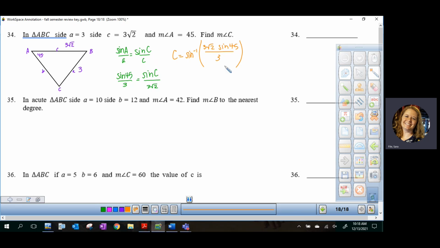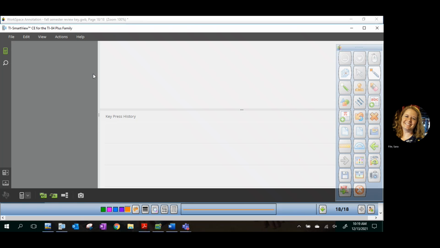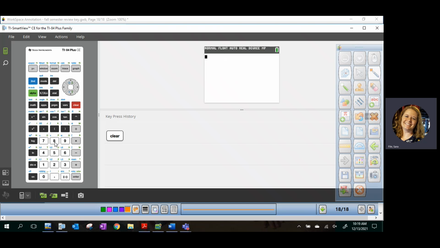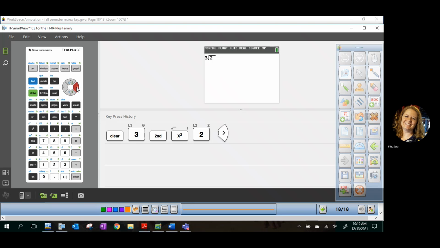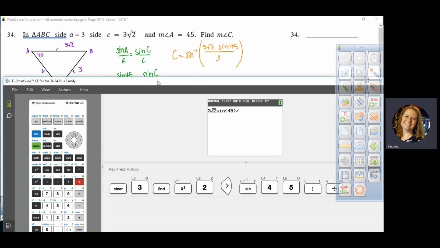This is what I'm going to do in the calculator. And you can do it all at once in the calculator. You can do it in just 2 steps. What mode does your calculator need to be in? Degree mode. Good. The calculator's loading slowly. All right. So 3 square root of 2 times sine of 45 divided by 3.